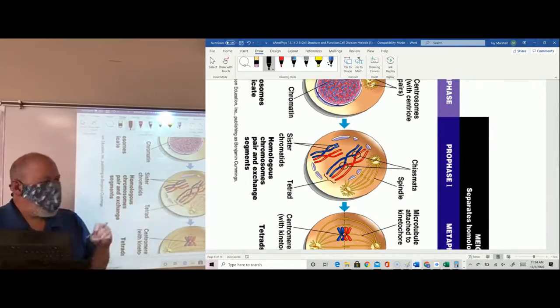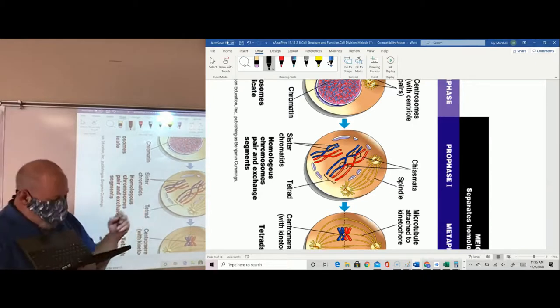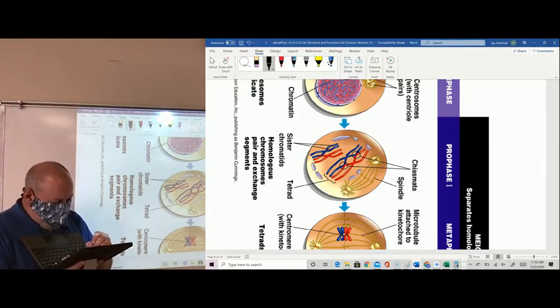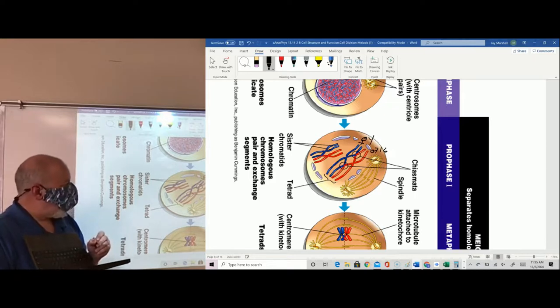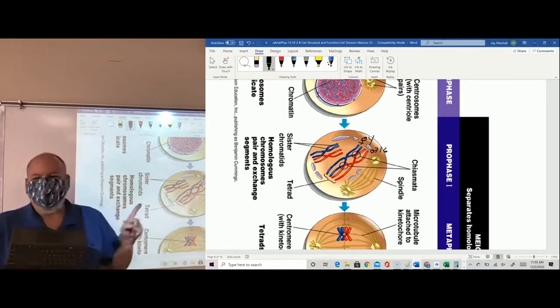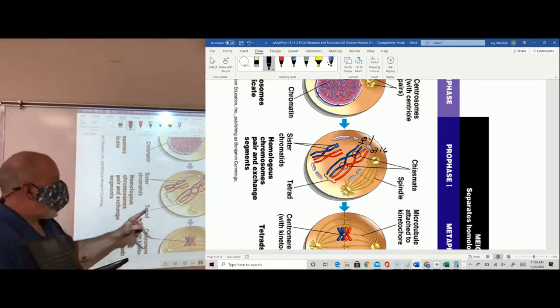What would happen if the wrong homologous chromosomes got together? What would happen if this homologous chromosome right here was actually, let's say, mom's 4, and this was dad's 16? That would be disastrous, wouldn't it? Okay? That would be disastrous.